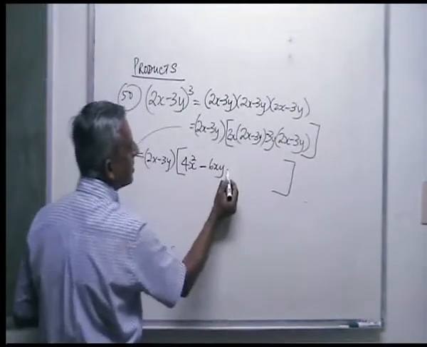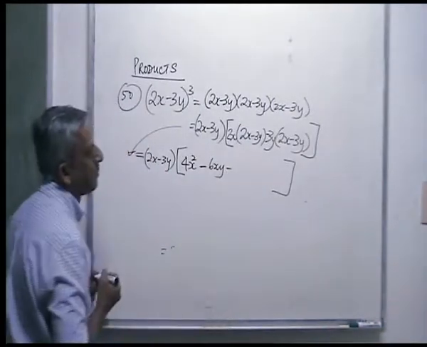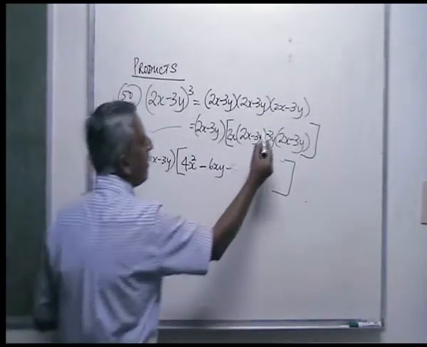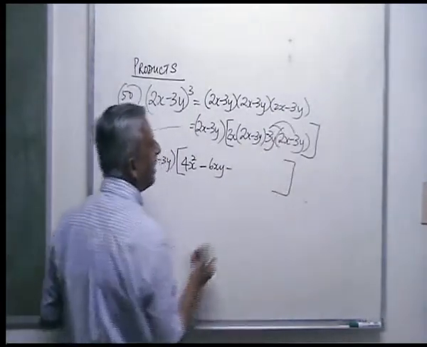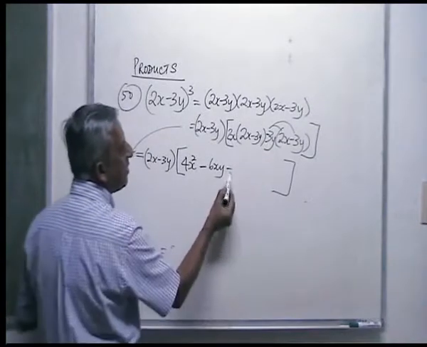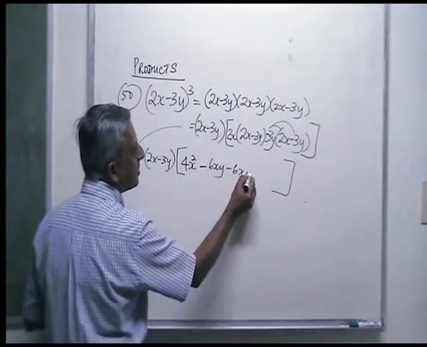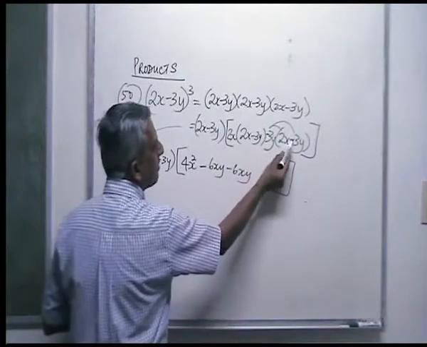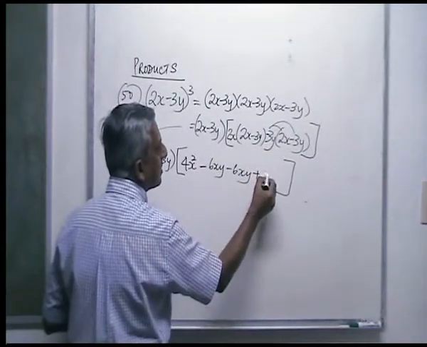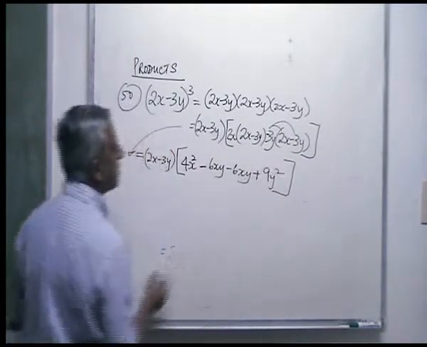Minus times plus gives you minus. So I'm multiplying here, then I'm going to multiply there. Minus times plus gives me minus 6xy. Now, minus times minus gives me plus 9y squared.